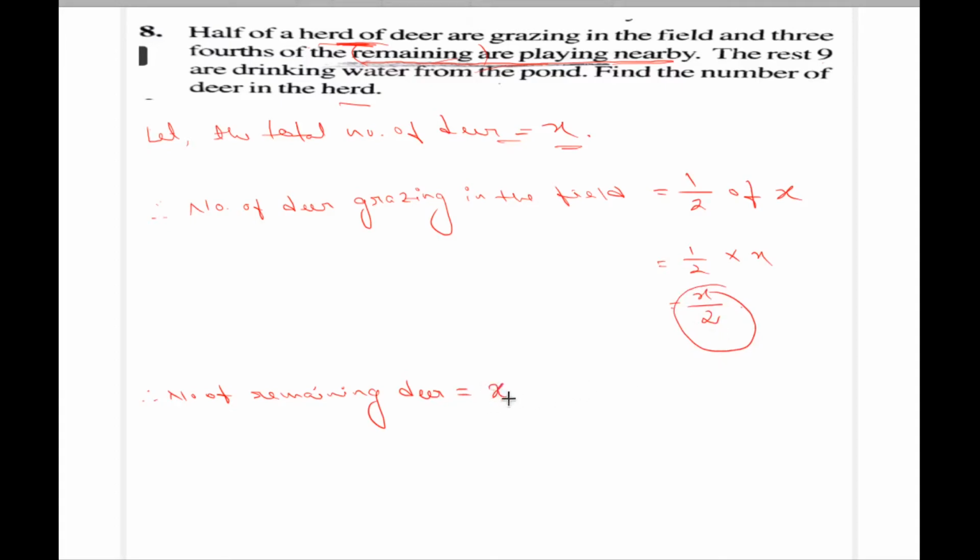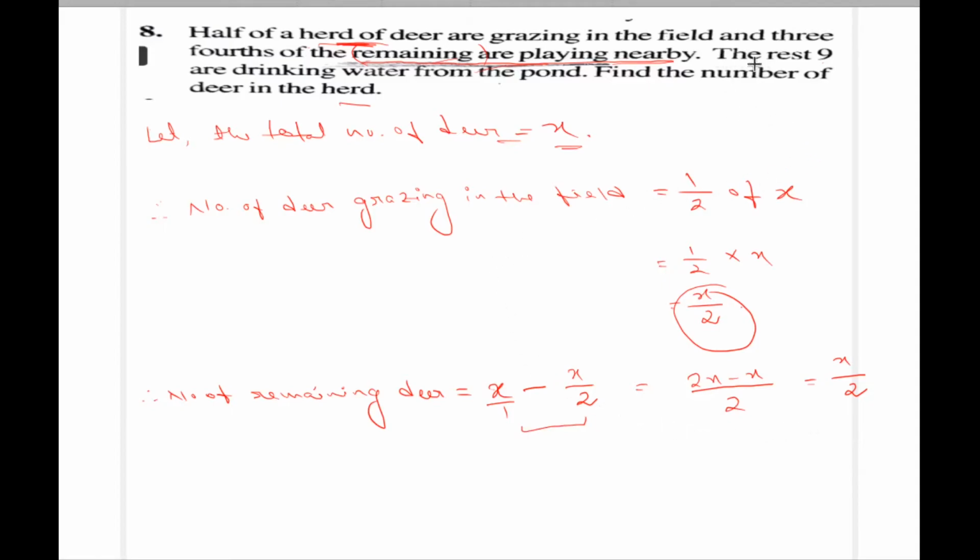Total number of deer was x, and x by 2 are grazing in the field. So x minus x by 2 is the remaining number of deer. x can be written as x by 1, so the LCM is 2. So it is 2x minus x, that means x by 2. Yes. So the number of remaining deer is x by 2.